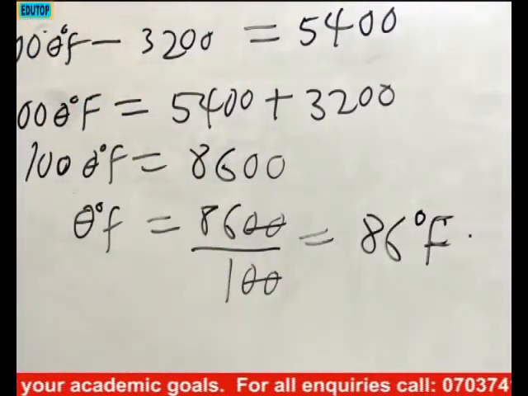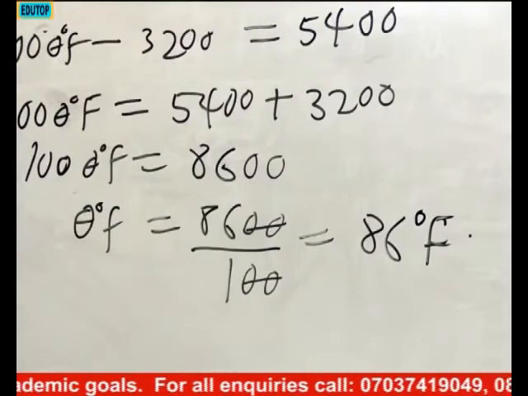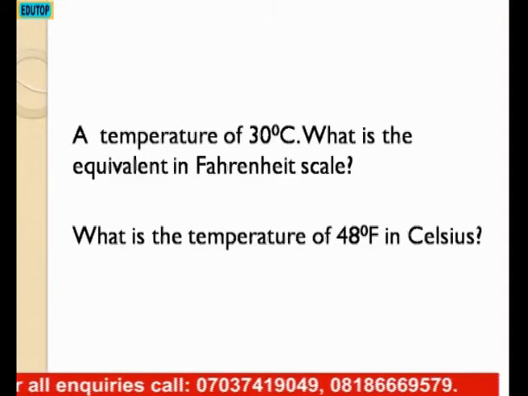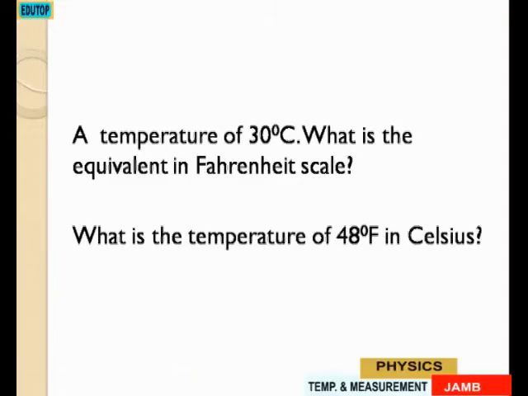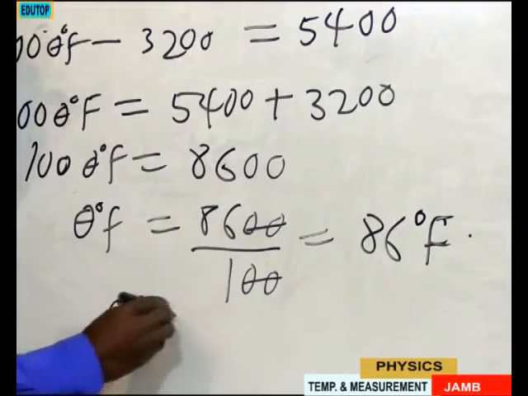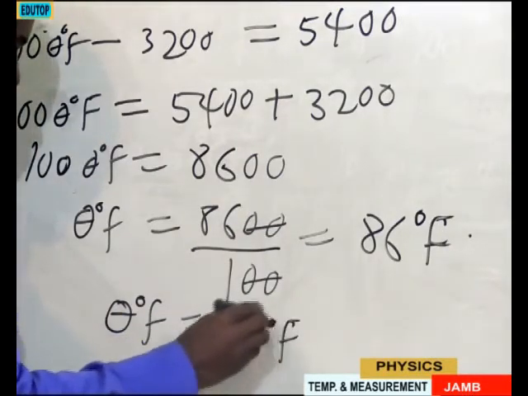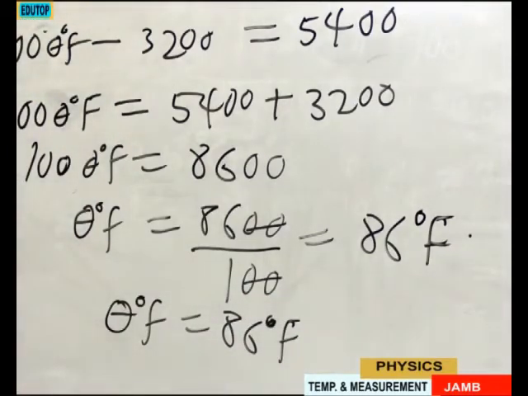Because the question says, what will be the equivalent in Fahrenheit scale if we have a temperature of 30 degrees Celsius? So the answer will be equal to 86 degrees Fahrenheit. That's the solution to the question.